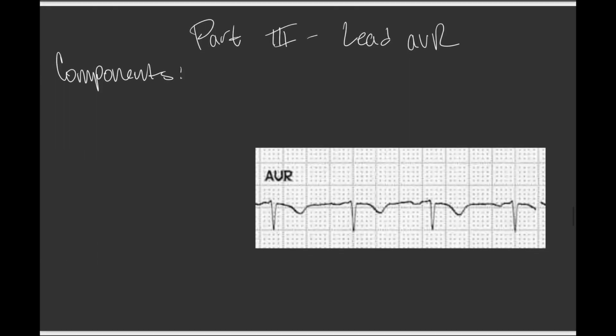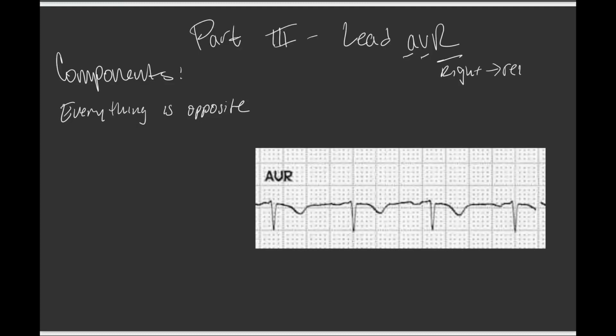Lead AVR. It's definitely different than what we've seen so far. And in fact, that kind of makes it easy to remember. For it's the lead in which everything is kind of opposite. In fact, that R in augmented view right can also mean reversed.